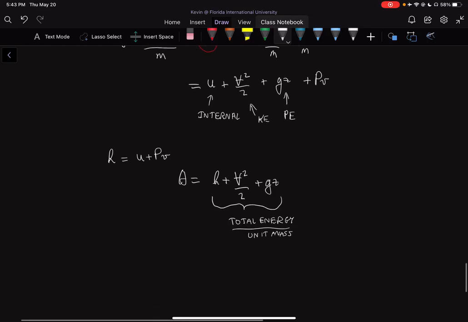Okay, and the enthalpy term takes care of the flow work. So the enthalpy term, H, takes care of flow work. So this is very important.